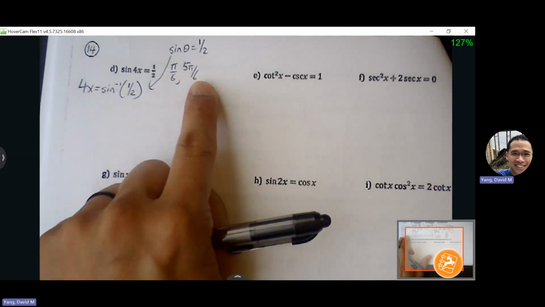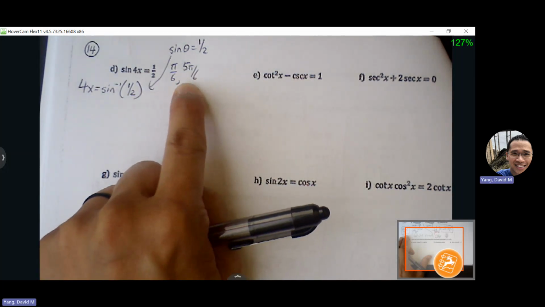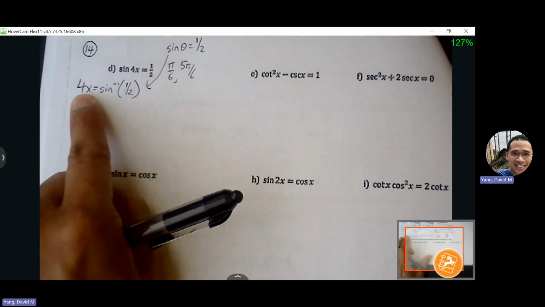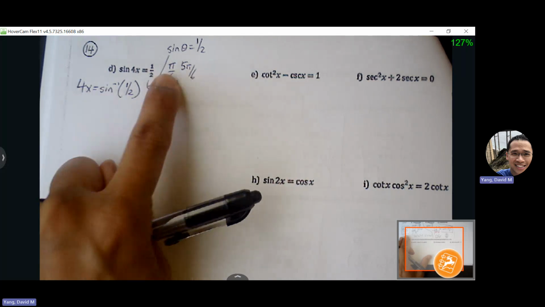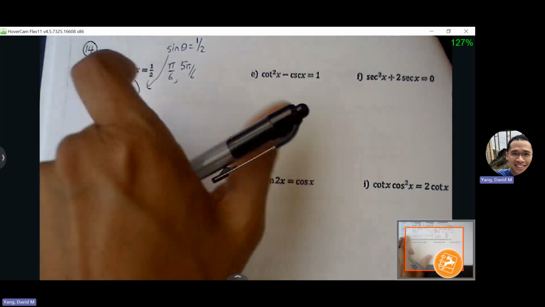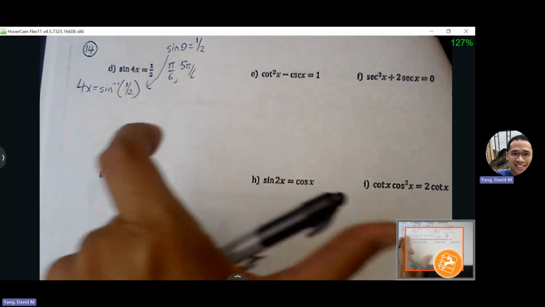The issue is that this would normally be the solution, but the fact that we are setting that equal to 4x means all this is going to end up shrinking. So we want all of our solutions to land between 0 and 2 pi.